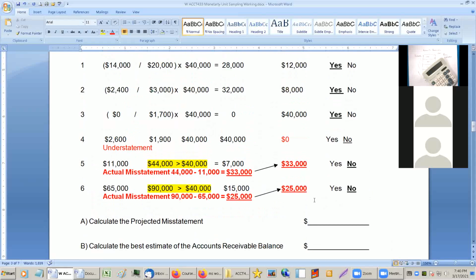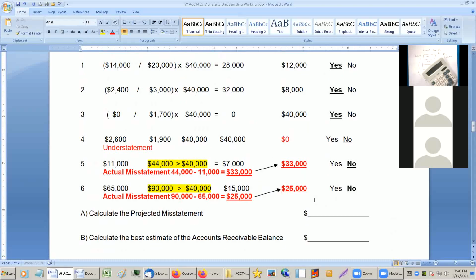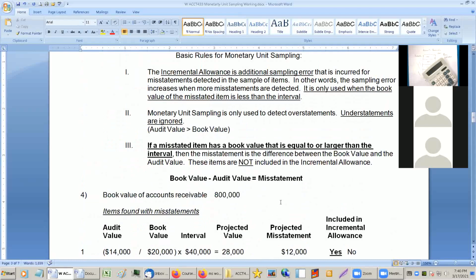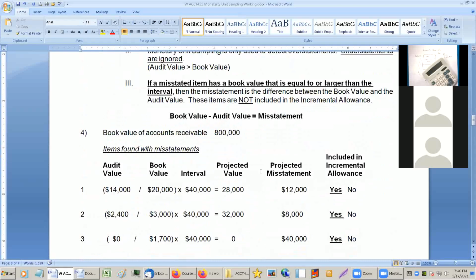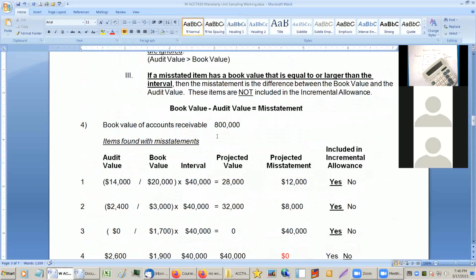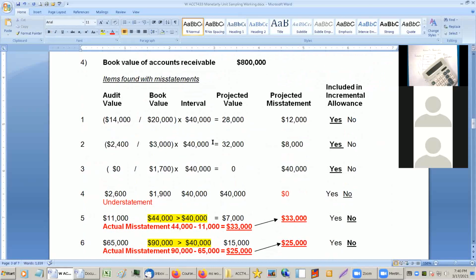Okay, so let's take a look at how we would work this out. Oh, here's the book value. Let's see, have a dollar sign in front of it. Book value of accounts receivable is 800,000. These were the items that were found.